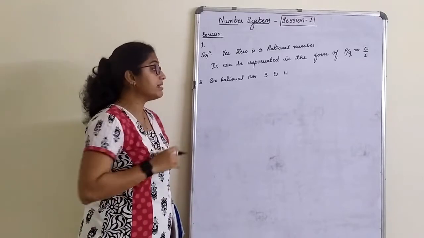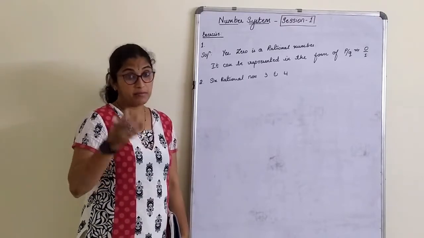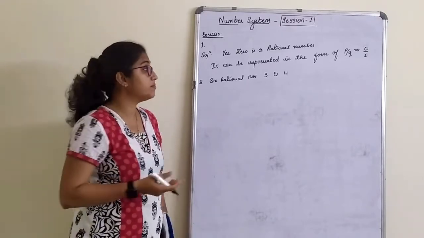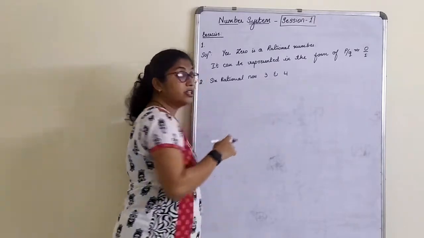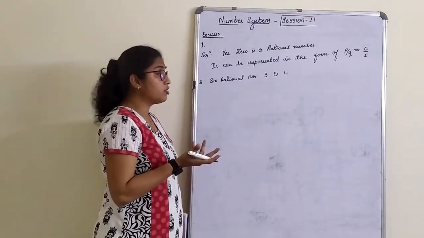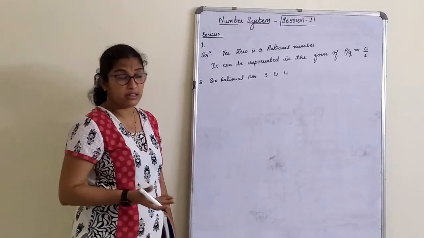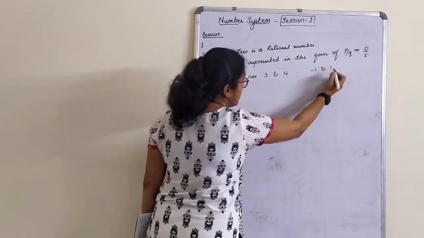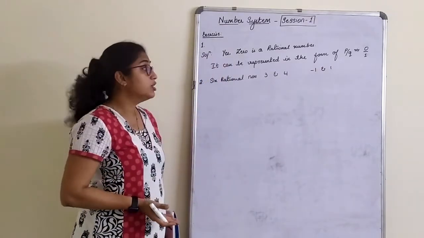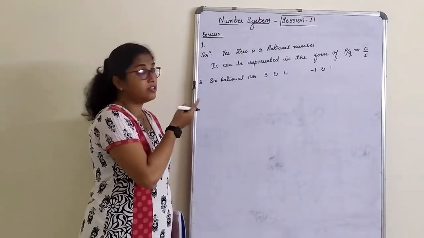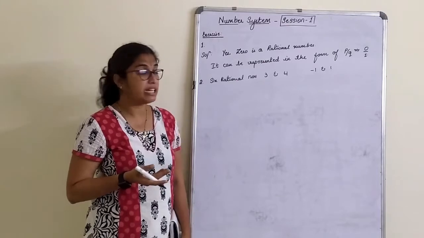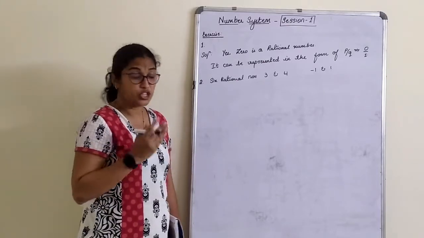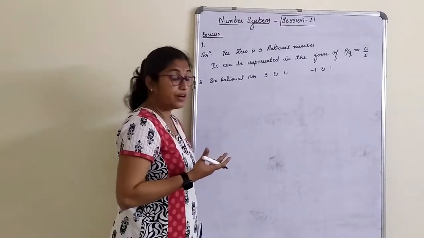Now the thing is, when they ask you to find some rational numbers between the given numbers and those are consecutive numbers. What are consecutive numbers? Numbers one after the other. There can be a question, find rational numbers between -1 and 1. Consecutive numbers. So -1 and 1 are not exactly consecutive, but still, if such type of questions are asked, how do you find?